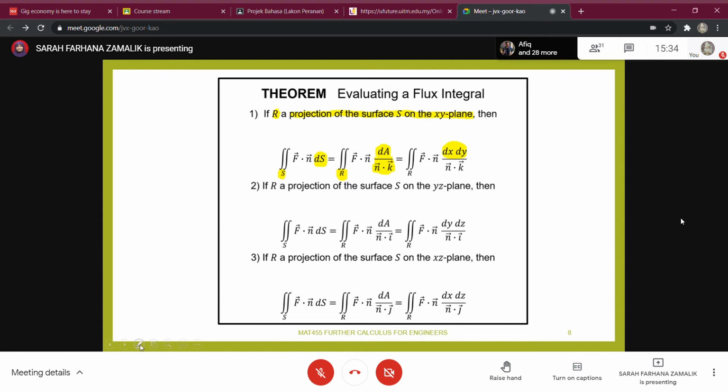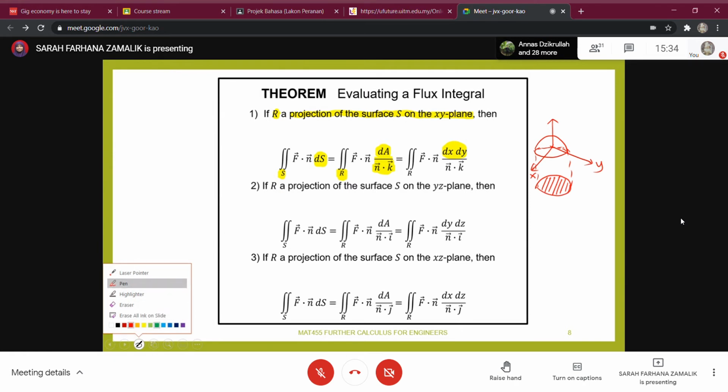Okay, let me sketch an example here so that you can see why we have to dot with the k vector. As I said earlier, your R is a projection of the surface S on the XY plane. So X, Y. Let's say the paraboloid you want to find, hence you have your projection on the XY plane. So this is the projection on the XY plane.